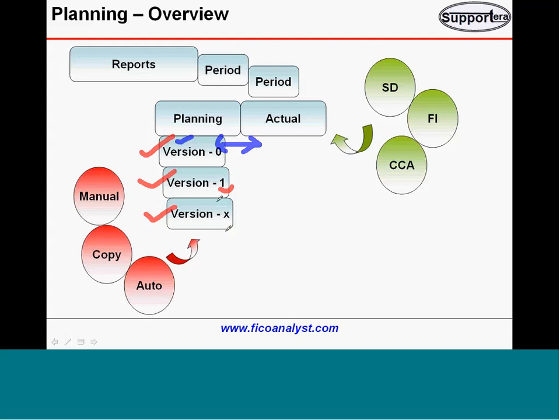But the normal process is that multiple people will be working on multiple versions, and once a particular version is complete and approved, it may be copied into another version, and finally the final version comes up. That is the standard way: you'll have various versions, but finally version 0 is the final version.